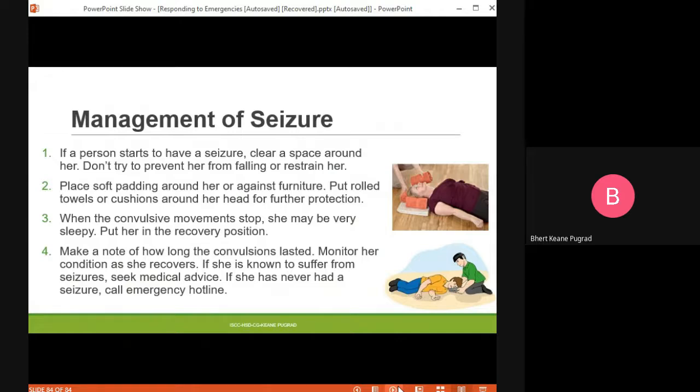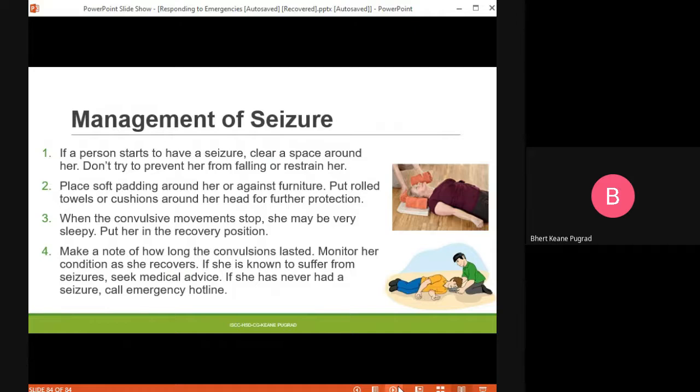If the seizure starts, you need to clear the area or the space around the patient. Do not try to prevent her from falling or restrain her. Which means na kapag ongoing na yung kanyang convulsions or seizure, huwag mong pigilan yung pasyente.